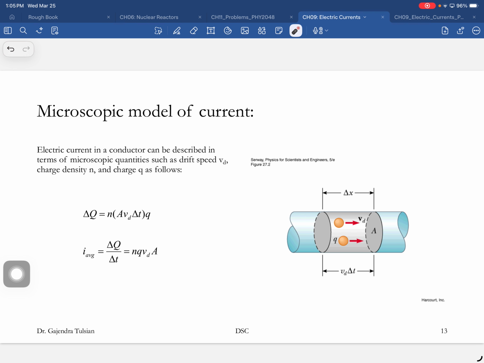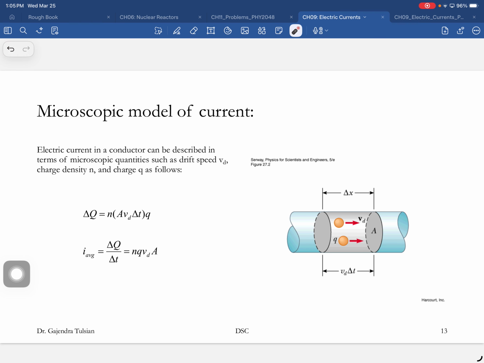You guys remember how many air molecules there are in this room? What is a mole? How much is a mole? 6 times 10, so roughly 10 to the 24, and there's about 10,000 moles.